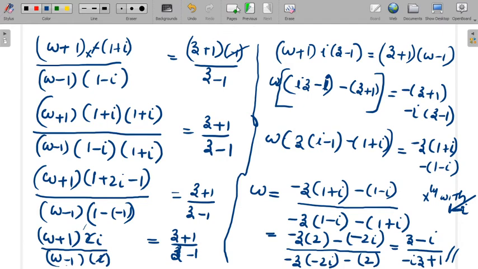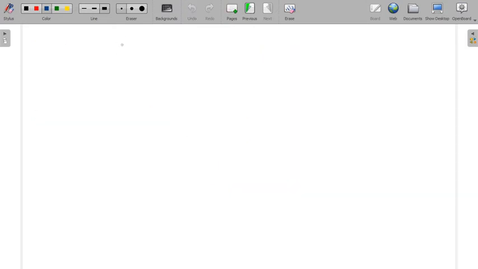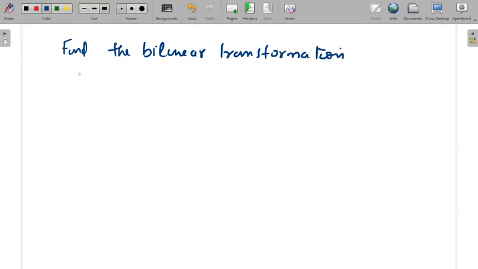Now, you may also find the bilinear transformation by just substituting the values, the points and their images. For example, find the bilinear transformation which maps the points minus 1, I, 1 to 0, I, infinity.